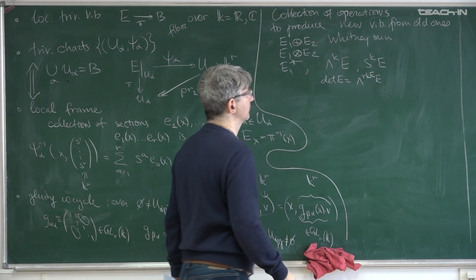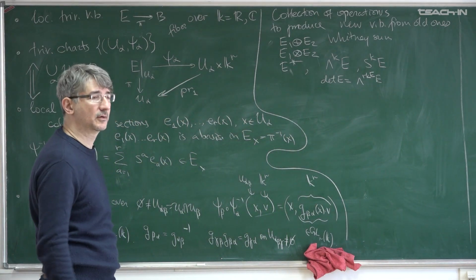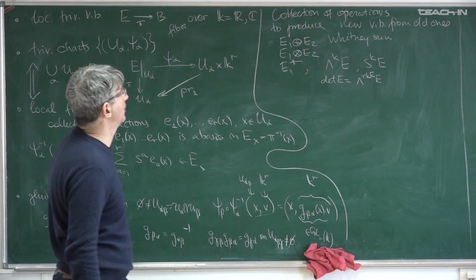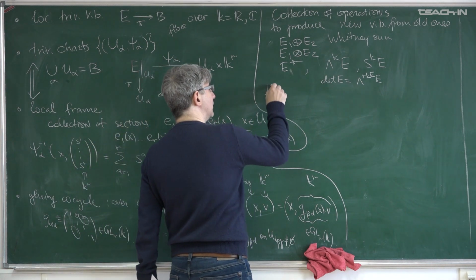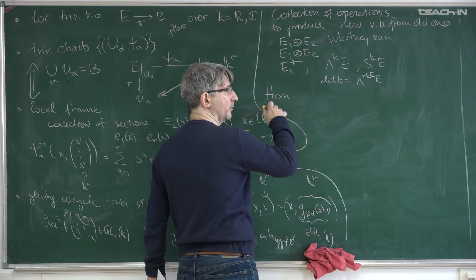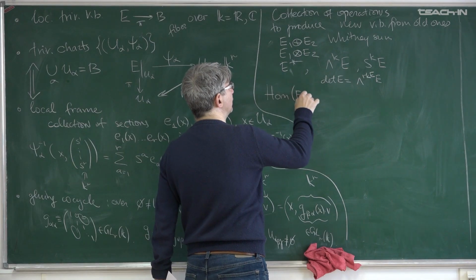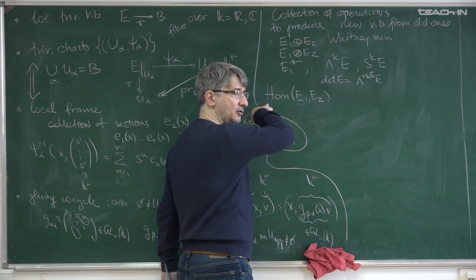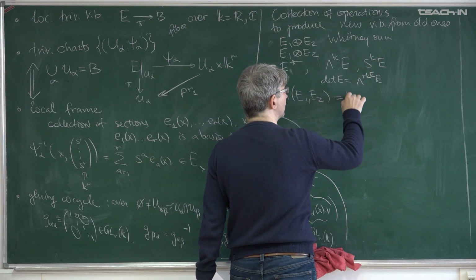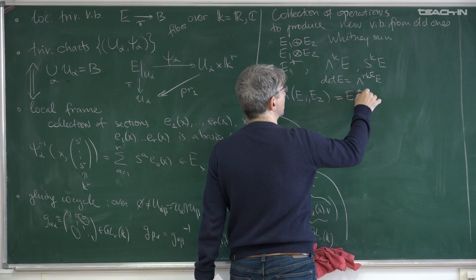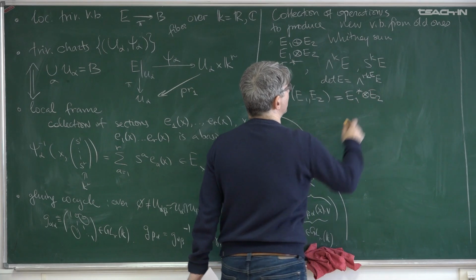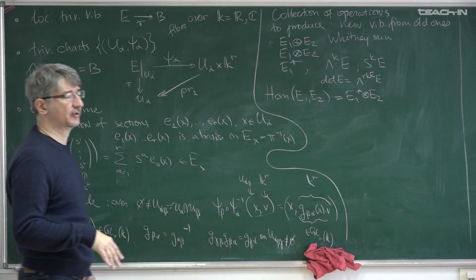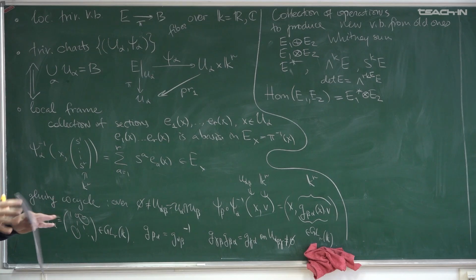Good. Hom. Okay, this is a great idea to have an internal Hom in the category of vector bundles. So if we have two vector bundles, we can construct a new vector bundle, which is E1 star tensor E2. And in a moment we will discuss how it is related to morphisms of vector bundles.